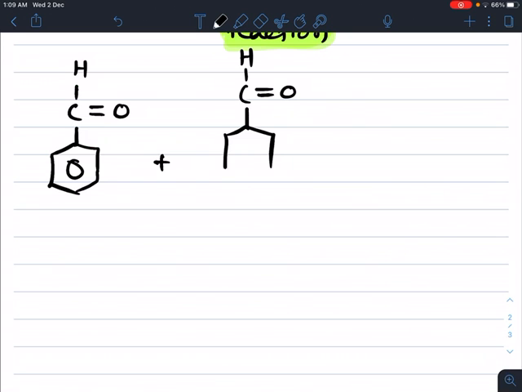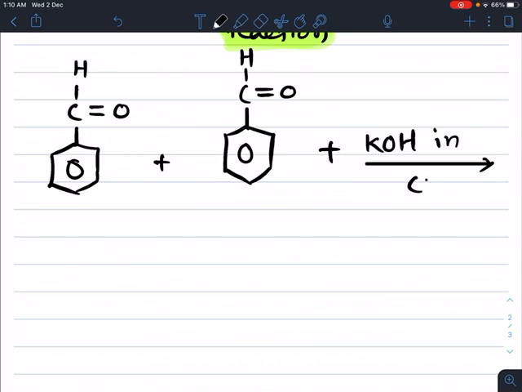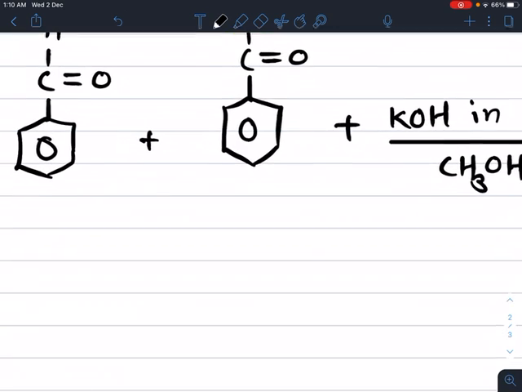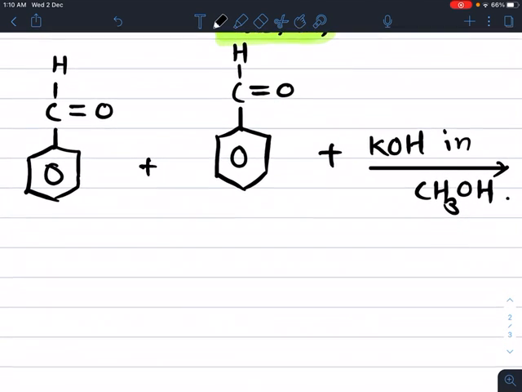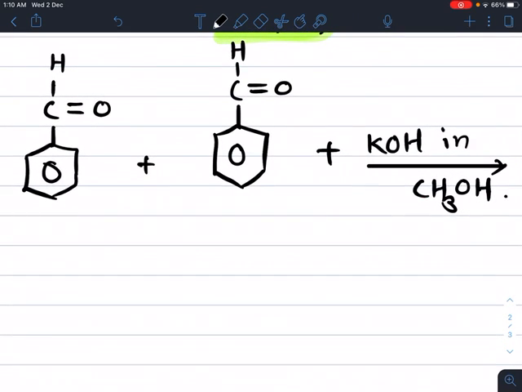When both benzaldehydes are treated with 50% NaOH or concentrated NaOH or KOH, we can take, instead of NaOH, KOH in methyl alcohol. Then what happens?